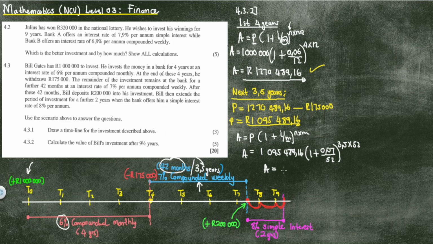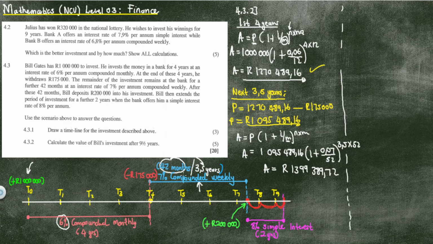So the answer is going to be 1,399,389.72. You are busy doing this calculation, and at the same time you are collecting marks. You shouldn't skip any calculation here, right?